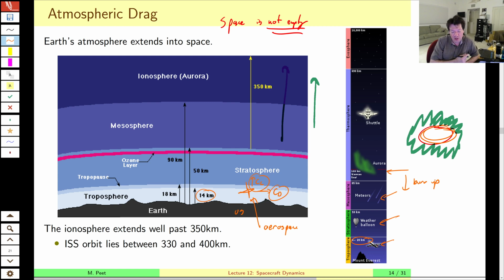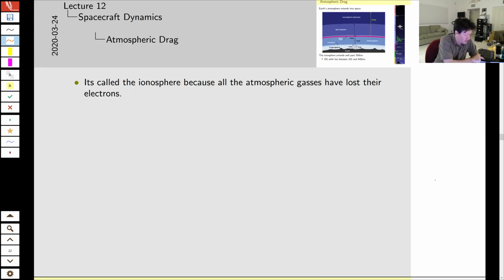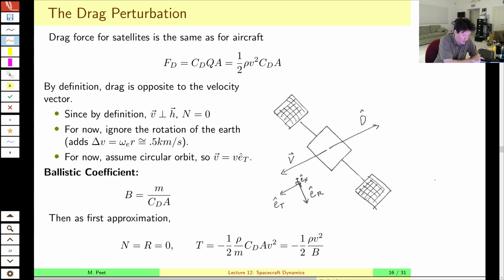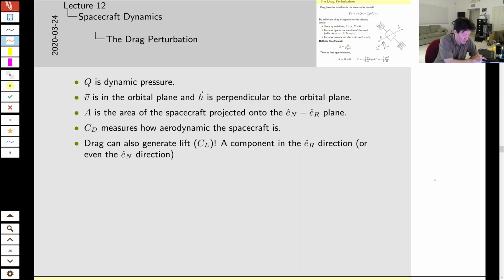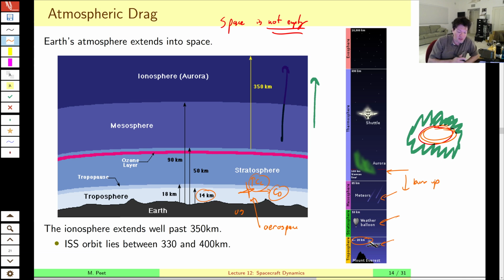So the Kármán line has several interpretations, actually. Did something happen on another slide? Okay. So the Kármán line has several interpretations. We'll talk about them later. So the Kármán line is 100 kilometers altitude.